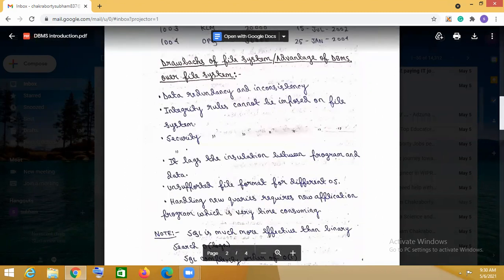It also lacks insulation between program and data, and has unsupported file formats for different systems.